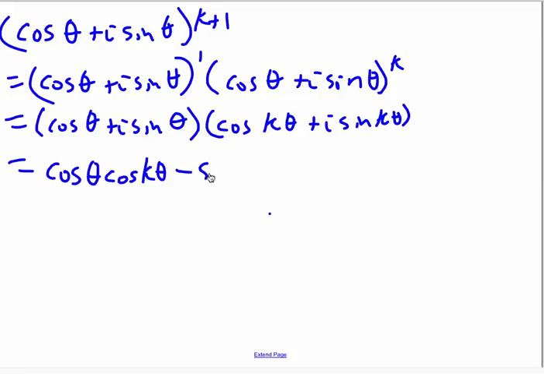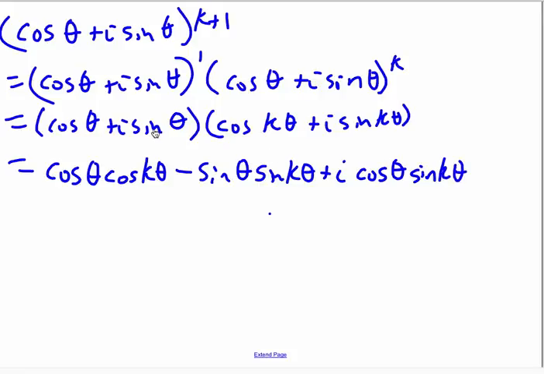So I'll get minus sin θ sin kθ. Then the imaginary parts are going to be i cos θ sin kθ plus i sin θ cos kθ.